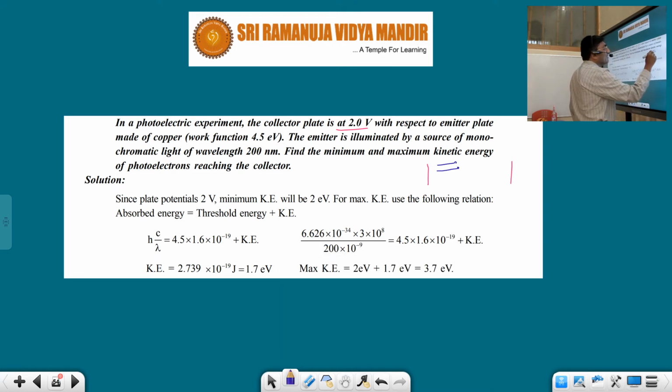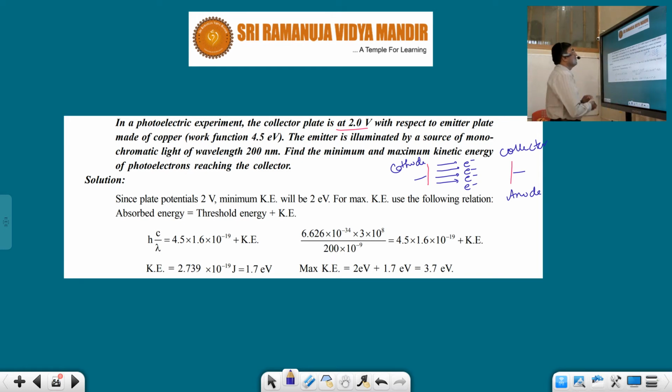This is the emitter, it is giving electrons. This is a collector. Collector is anode. Emitter is cathode. Agreed or not? So this is the understanding first of all.